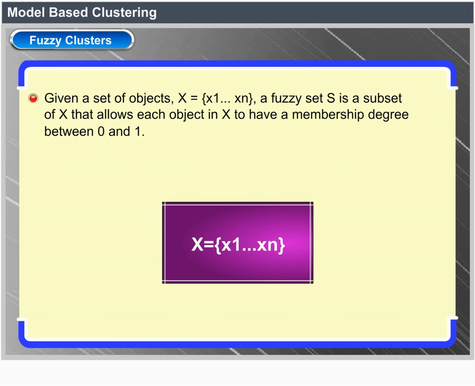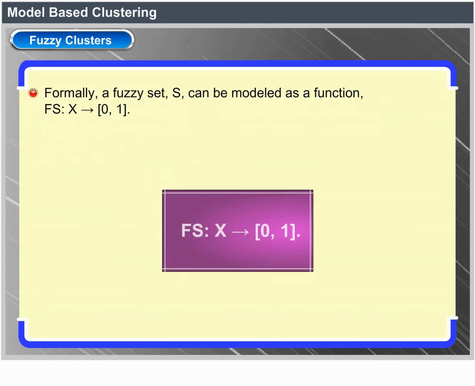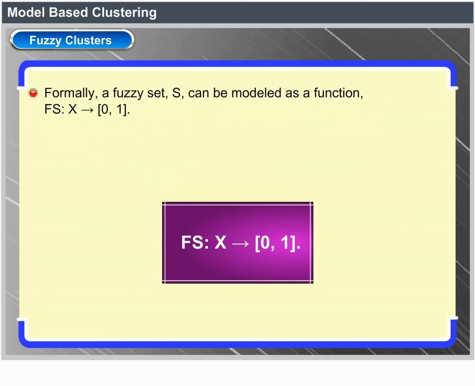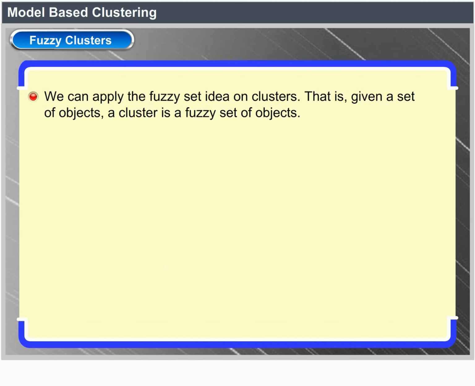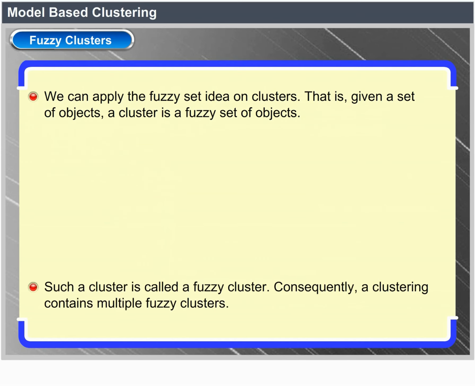Formally, a fuzzy set S can be modeled as a function fS: X → [0, 1]. We can apply the fuzzy set idea on clusters. That is, given a set of objects, a cluster is a fuzzy set of objects. Such a cluster is called a fuzzy cluster. Consequently, a clustering contains multiple fuzzy clusters.